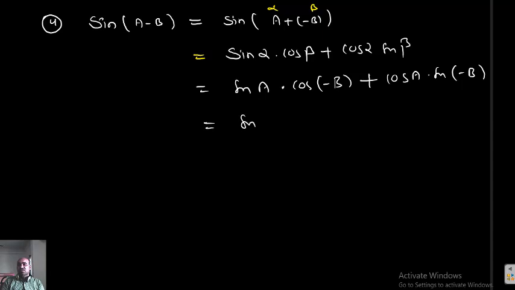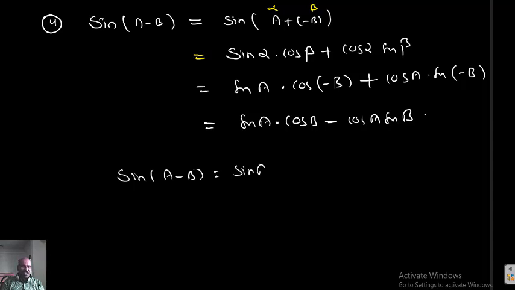So this is sin a into cos of minus b, which is cos b only, and sin of minus b is minus sin b, so plus into minus gives minus cos a into sin b. Finally what did I get? Sin of (a minus b) equals sin a cos b minus cos a sin b. So this is the formula for sin of (a minus b). This is result number 4.